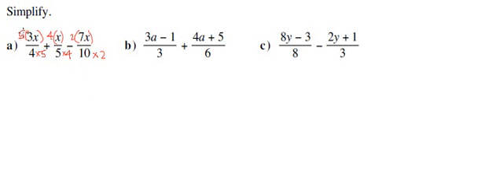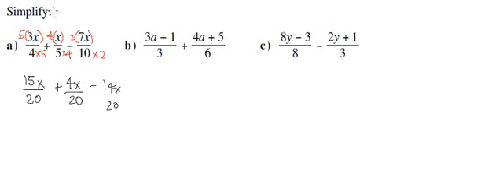So when we multiply this out, we get 5 times 3x is 15x over 20. Then we get 4 times x over 20. And then we get minus 2 times 7x is minus 14x all over 20.